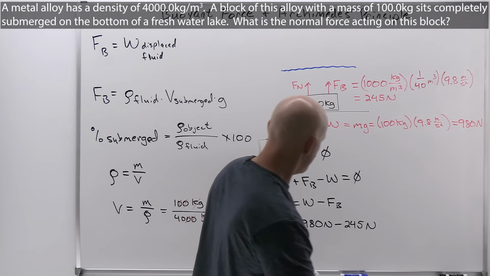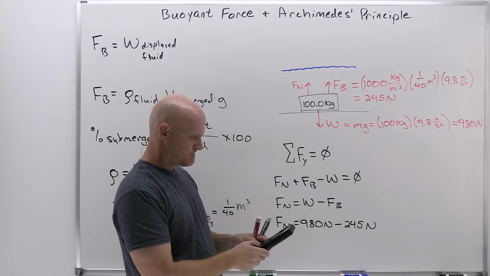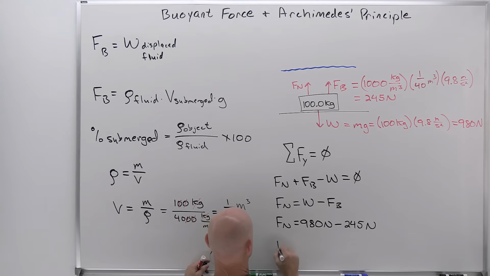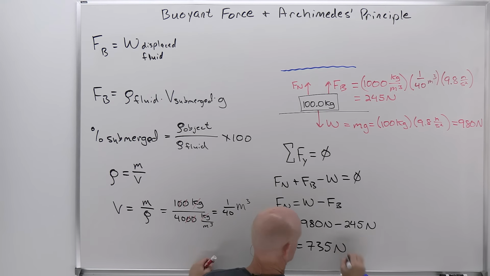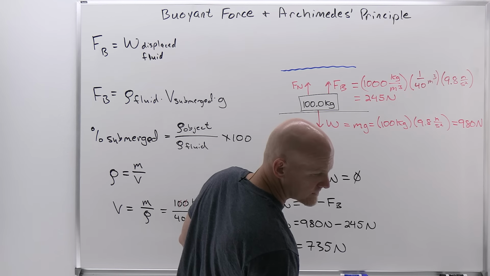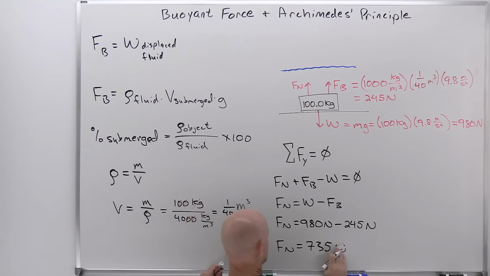In this case, 980 minus 245 gets us 735 newtons. And how many sig figs did we want? Looks like we want 4 sig figs, so we'll tack on one more and make it 735.0 newtons for that normal force.